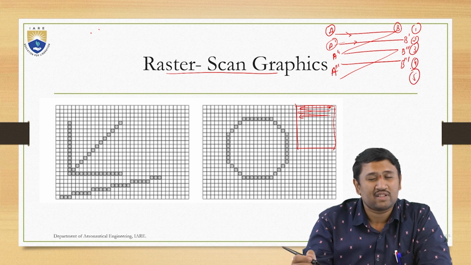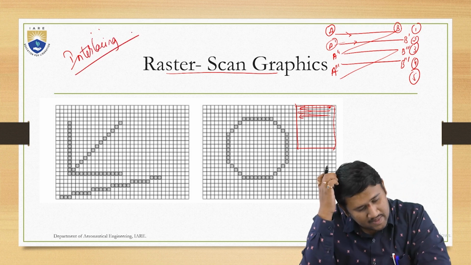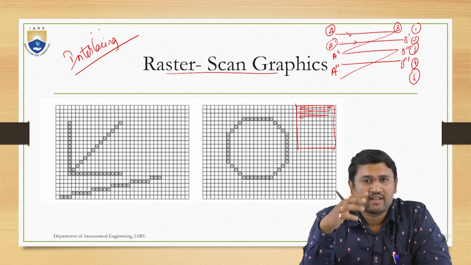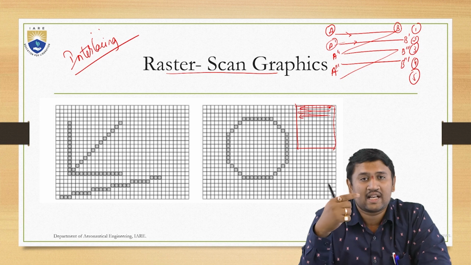This phenomenon is called interlacing. It is basically skipping an intermediate line or intermediate pixel line through which the picture is not being generated again.